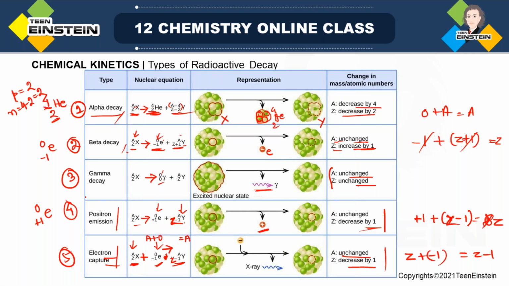Because when there is alpha decay, you have to remember that the new species that will be generated, that is Y in this case, will have mass decreased by 4, Z decreased by 2. Okay. So what is the final effect that we have to remember in each of these processes? Any doubt?